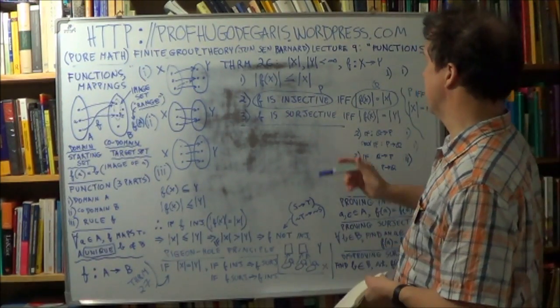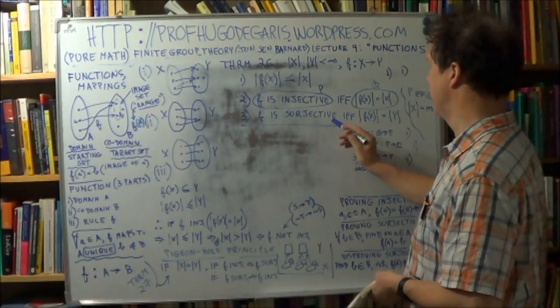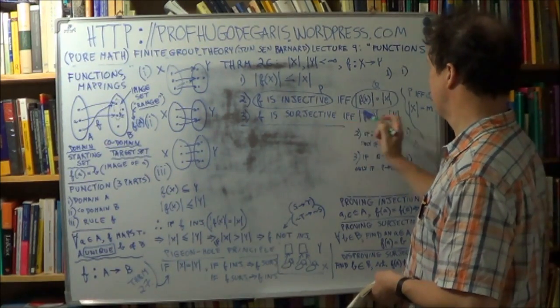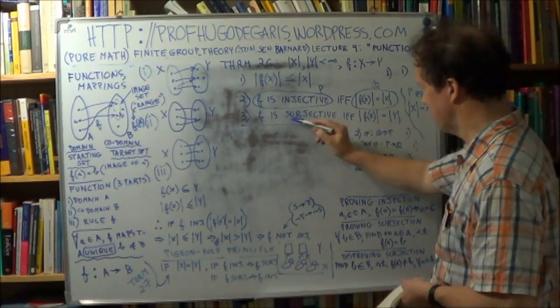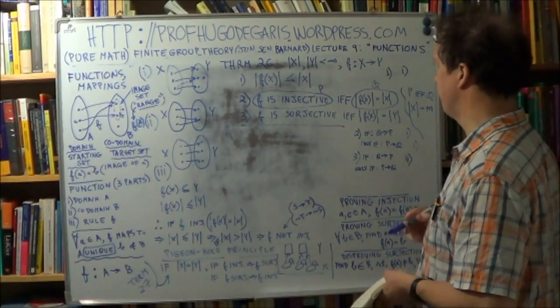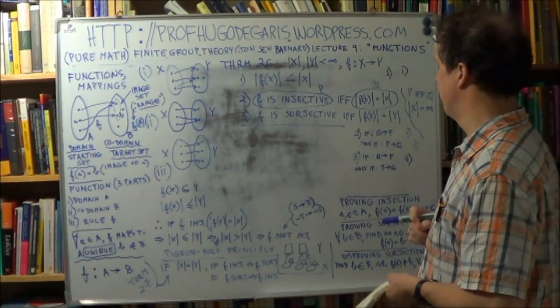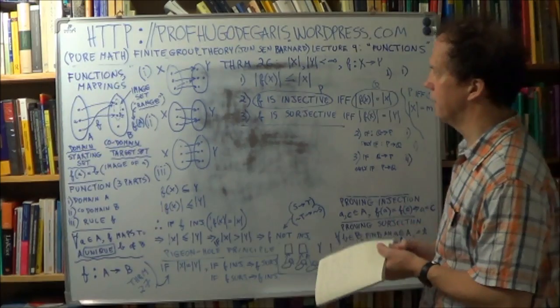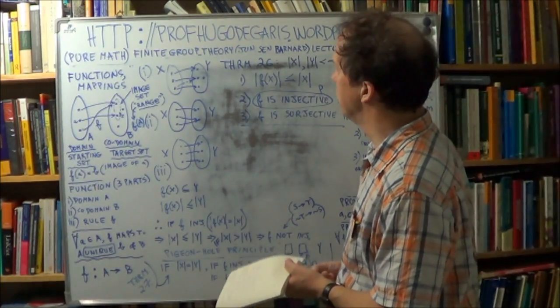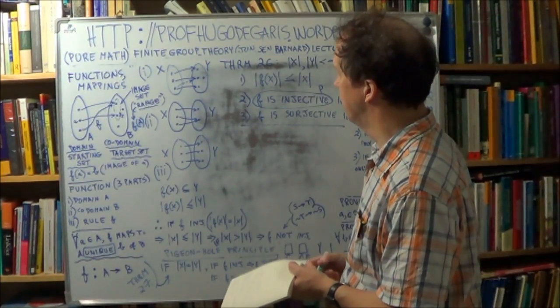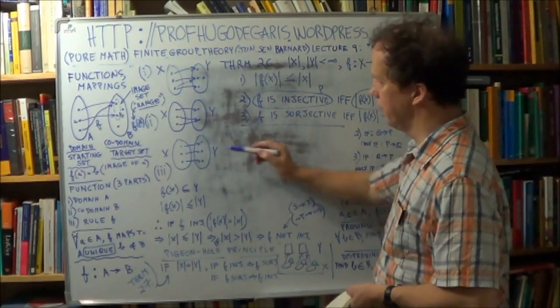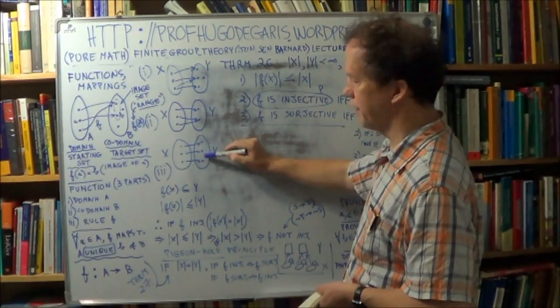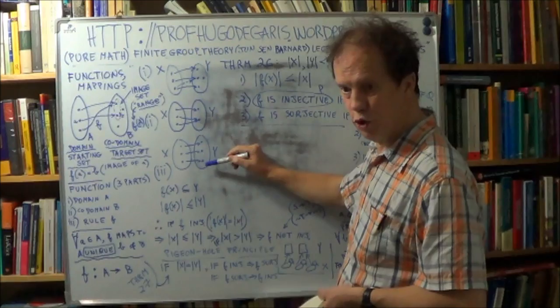Okay, now the other way. So if it's surjective, how do we prove this? We start with surjective, and we've got to go that way. Now if it's surjective, that means every element in your target set, your codomain, is mapped to, by definition.